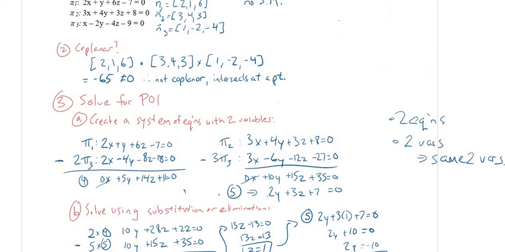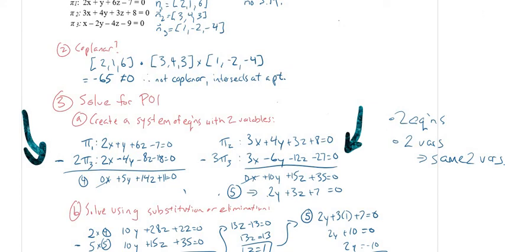So the first step, we're going to use elimination to get rid of some variables, and we're going to do it with 2 different pairs. It doesn't matter which pairs you pick as long as they're not the same 2 planes both times. The first one, I'm picking plane 1 and plane 3. And option 2, I'm picking plane 2 and plane 3.